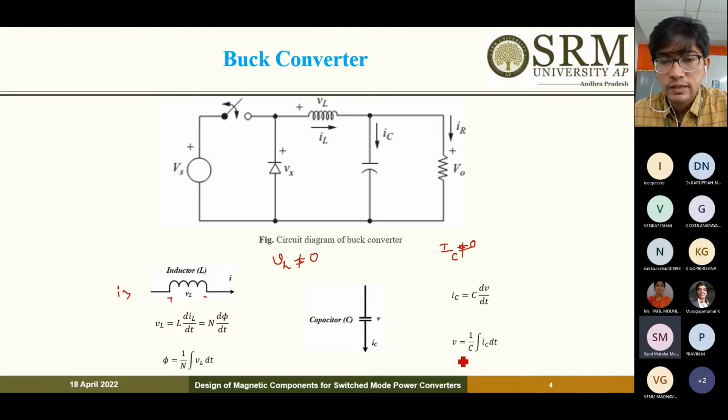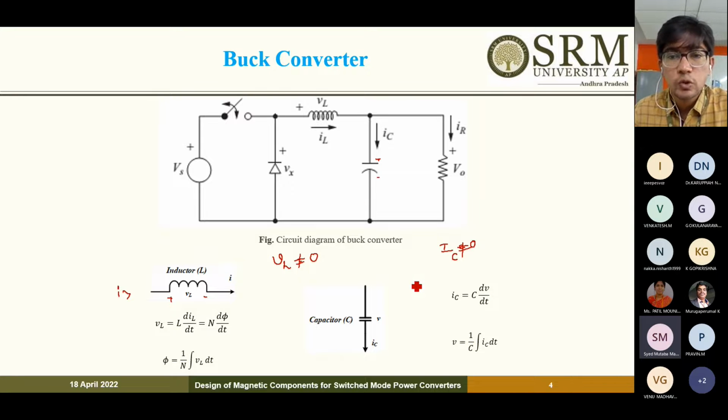Therefore the voltage will build up and keep on increasing. Every capacitor has a rated value, and at a certain point the voltage reaches the rated value and increases beyond it. Therefore there is a failure of the capacitor.